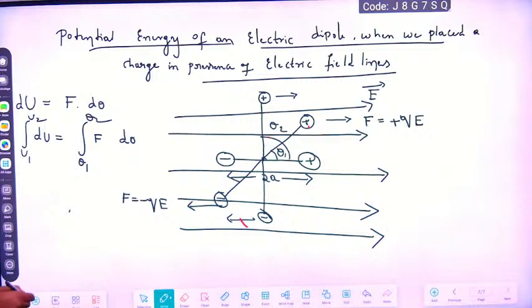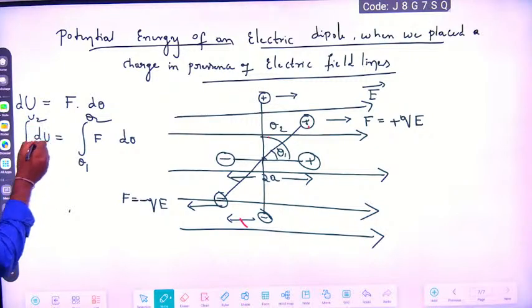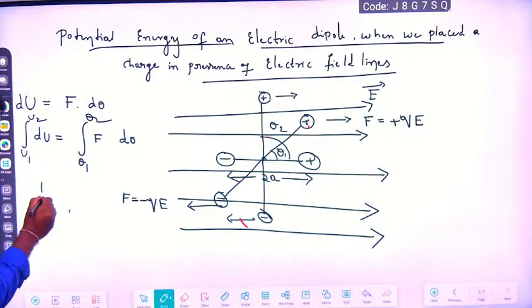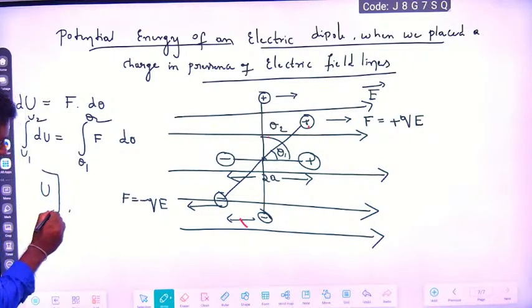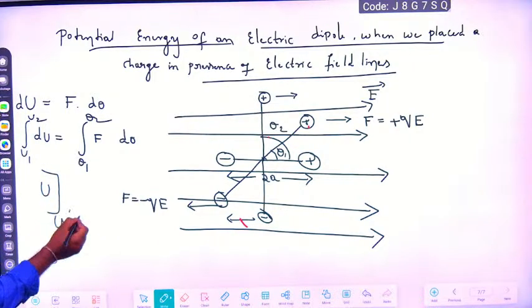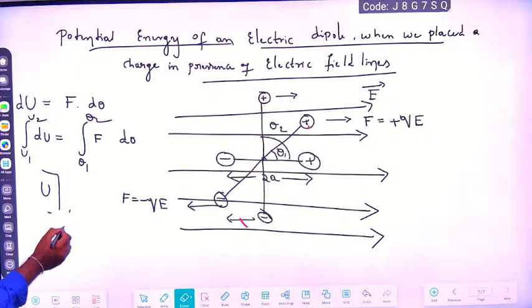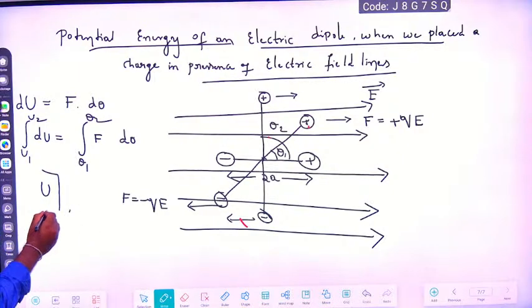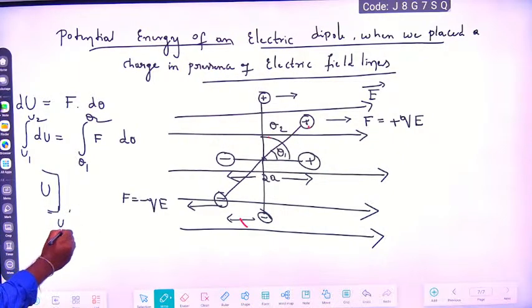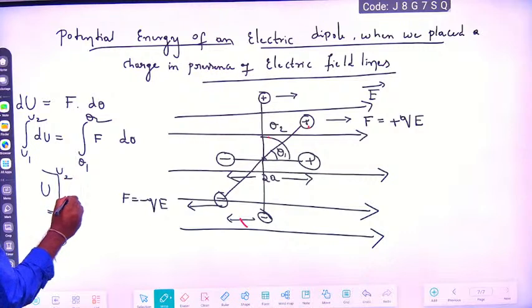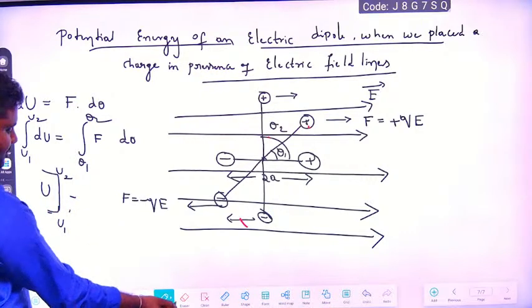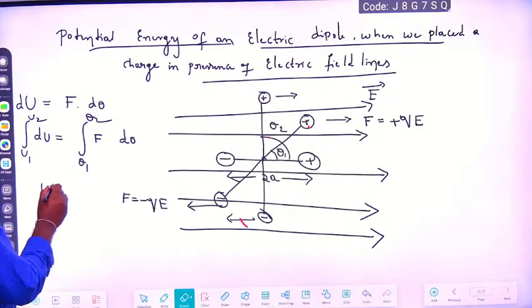Now, the integration of dU is U, from the limits u1 to u2, which is equal to the integration of F d theta.